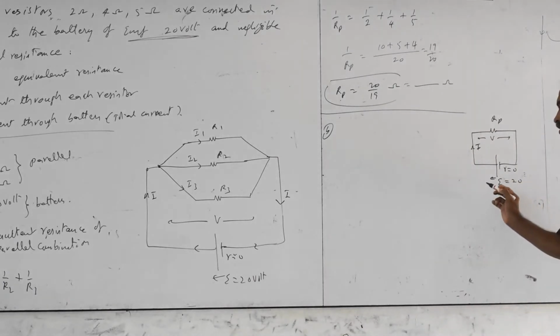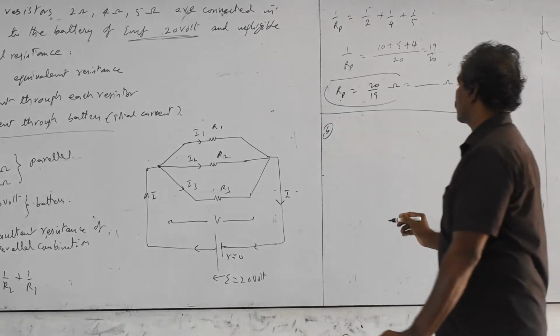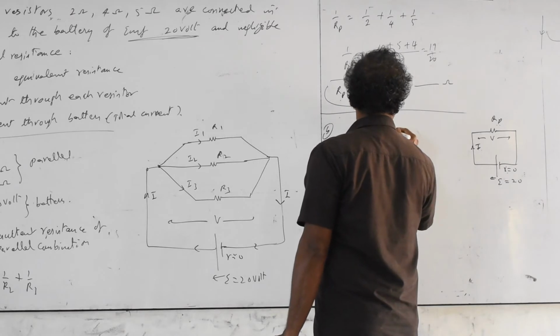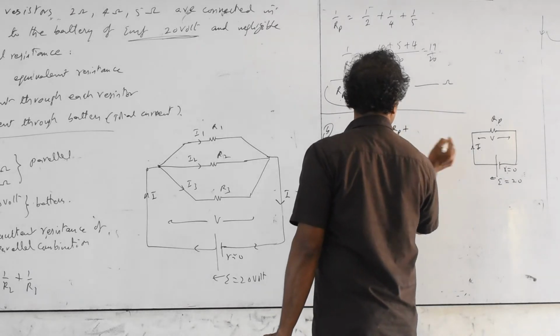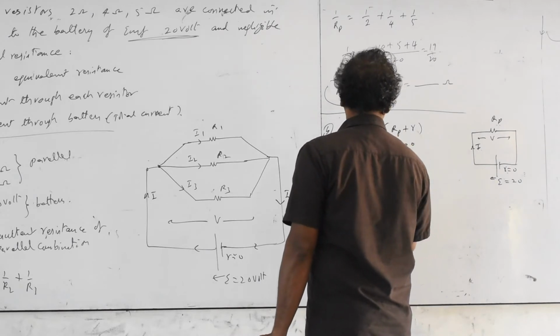The relation we can use is E is equal to I into R plus r. We already got RP, and small r is 0, so we can find the current. Total EMF, cell EMF E is equal to I into R parallel plus internal resistance. But small r is 0, so we get the current.